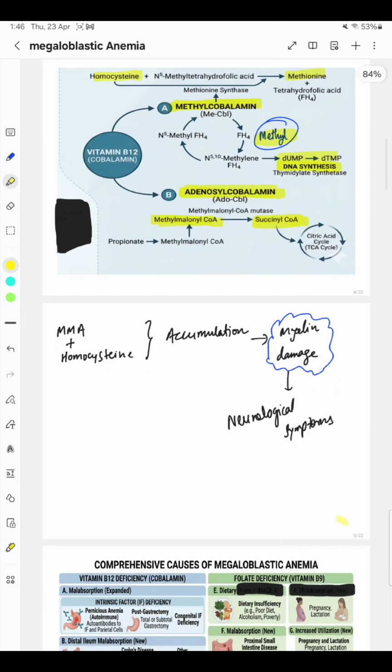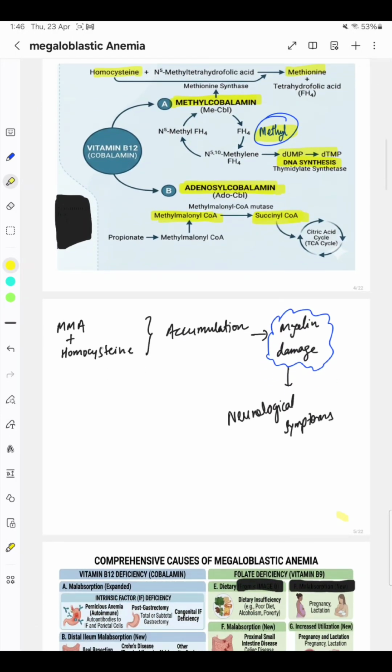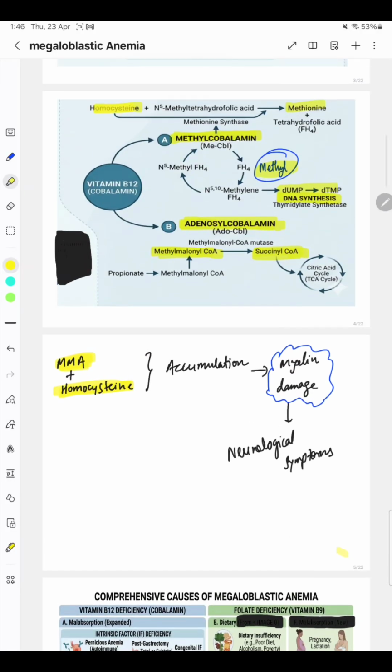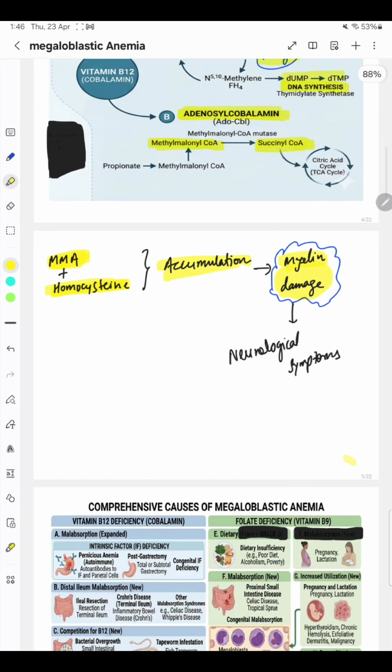Whenever there is deficiency of vitamin B12, this results in the accumulation of methylmalonyl coenzyme A or MMA and homocysteine. MMA and homocysteine accumulate in vitamin B12 deficiency, and they cause myelin damage, and this myelin damage is responsible for the neurological symptoms in vitamin B12 deficiency.